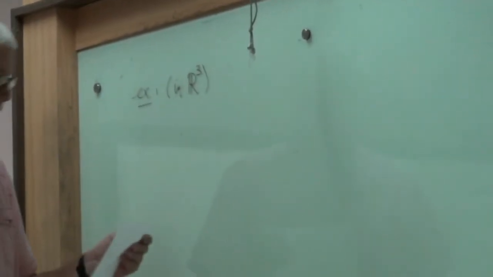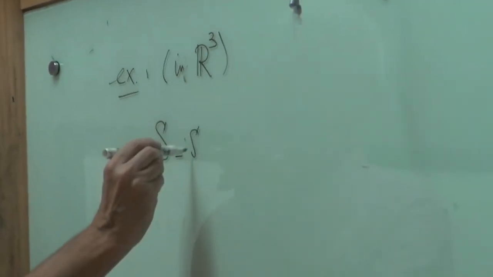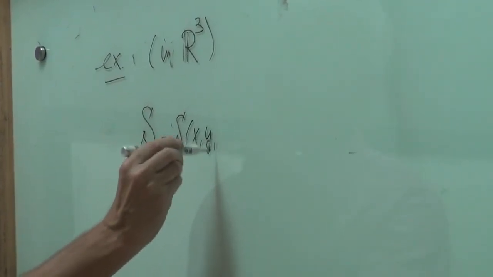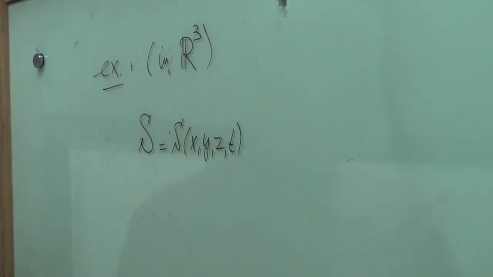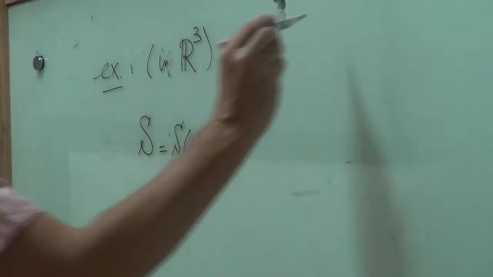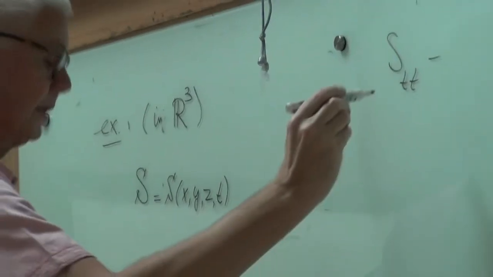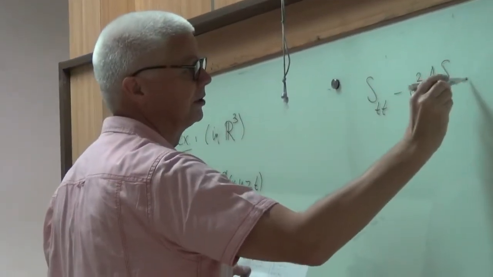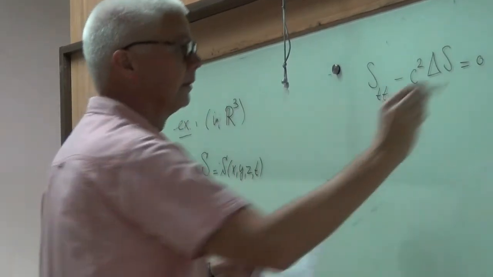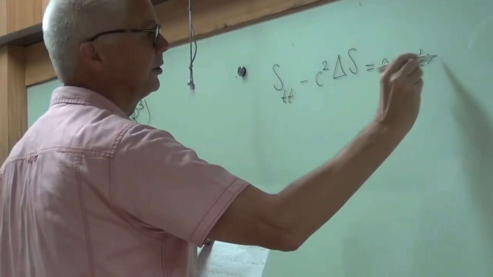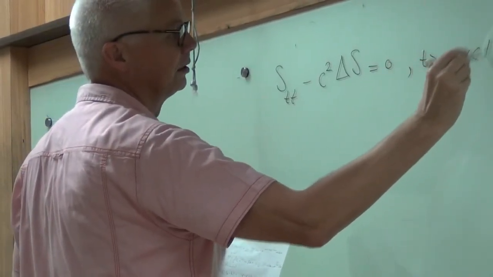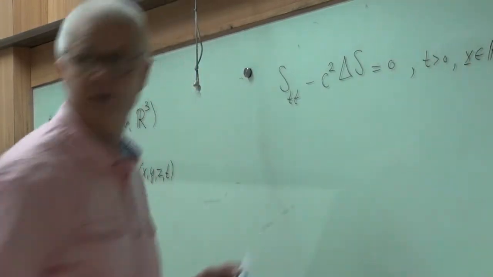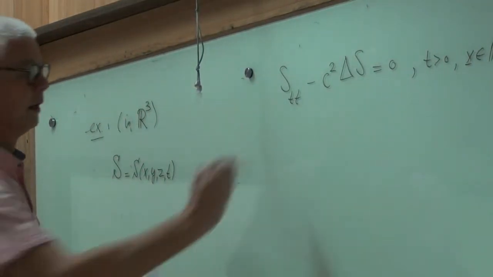In R3, we are going to look at a function s, which depends on x, y, z, and t. And the problem that we're going to look at is this function: s_tt minus c squared Laplace s is 0. And then we look at t larger than 0, x in R3.